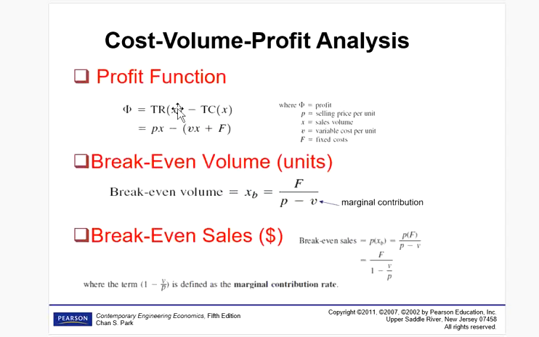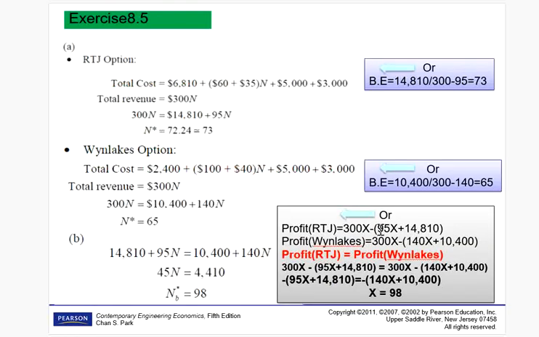Using this profit equation for each of the venues, what should be the X? Basically in this question, this is what we are going to do: we calculate the profit for one event or one site, and then equate it to the other one and calculate the value of X. This one, the profit of the RTJ event, which is this one.